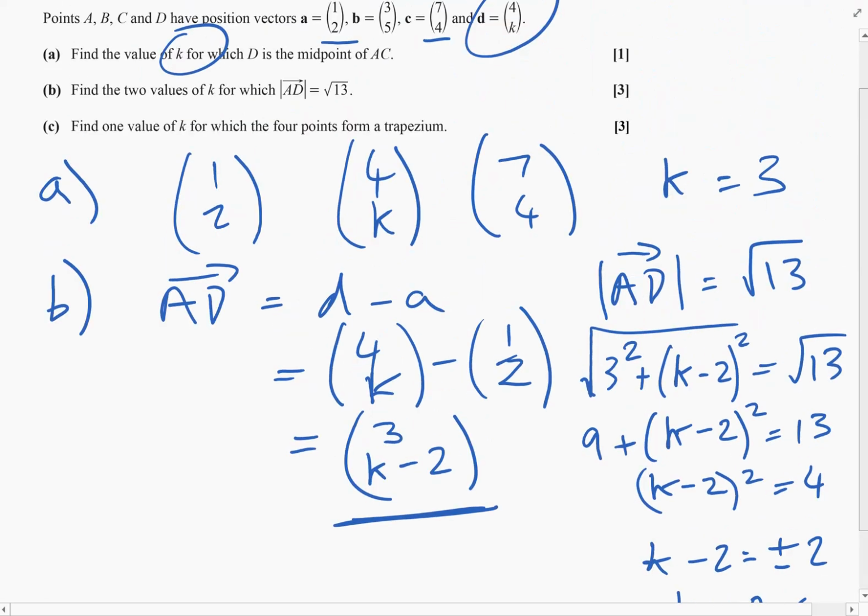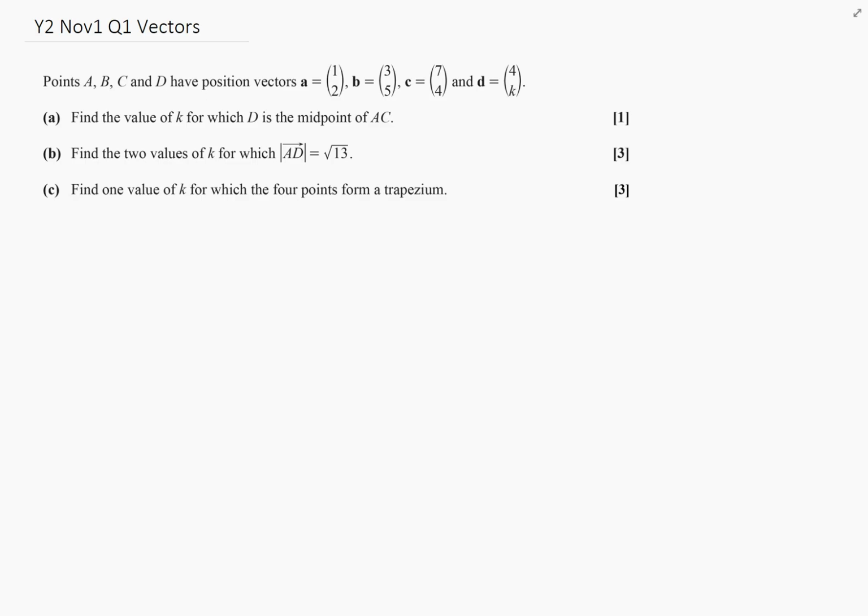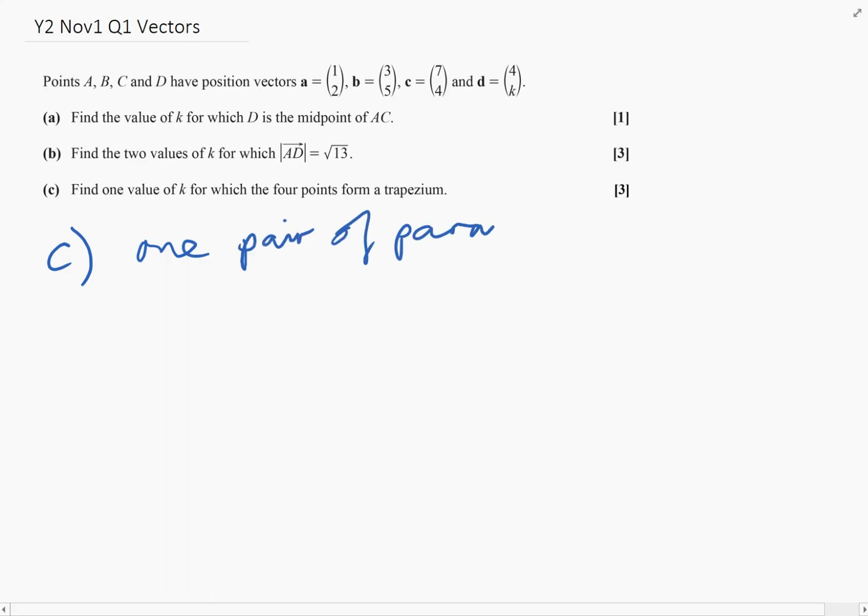And in part C, we've got to find one value of k for which the 4 points form a trapezium. So in order to get a trapezium, you need one pair of parallel lines, or vectors in this case.